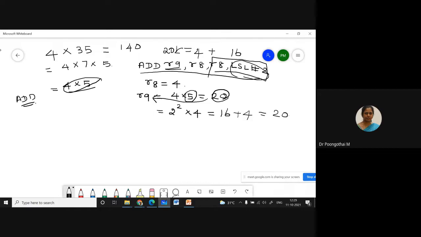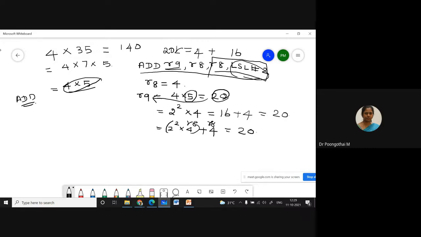So this 5 can be written as 2 power of 2 into 4 plus 4. So you will get 20. This is your R8, R8 into 2 power of 2, and this is your R8 content after multiplying, 20.